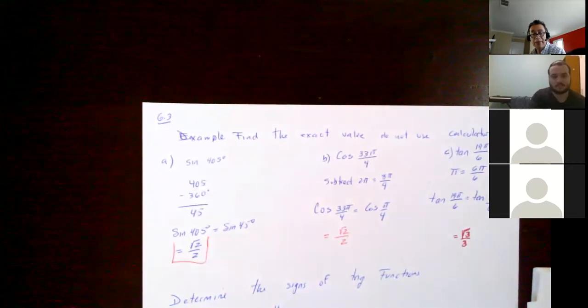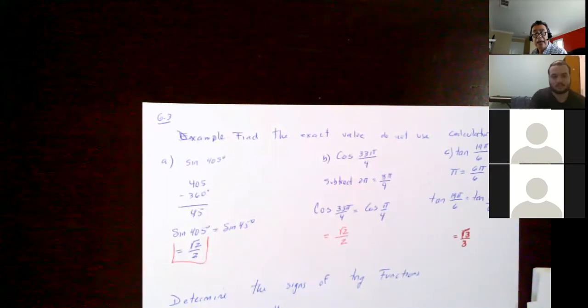By the way, when the given angle is more than one period, and in this case we subtract 360 and end up with sine of 405 equals sine of 45 degrees, we said that those two are the same.